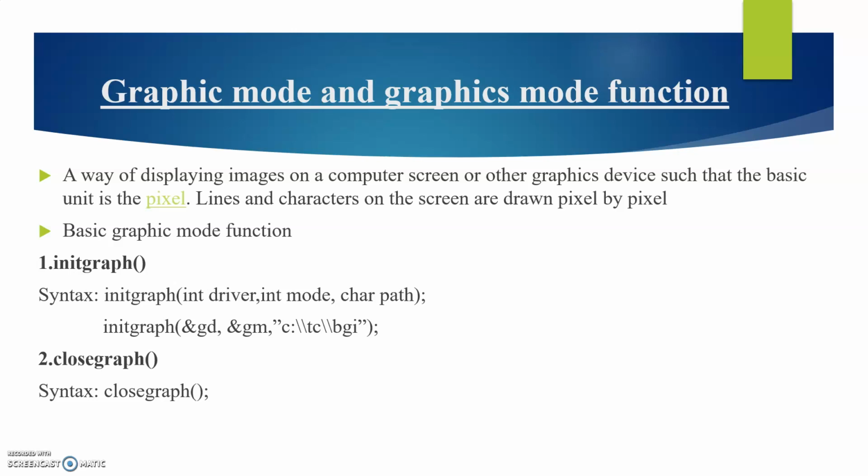By default, the system is in text mode, but if we want to draw some graphical figure or some images, then we have to work in graphics mode. In that condition, we switch from text mode to graphics mode.